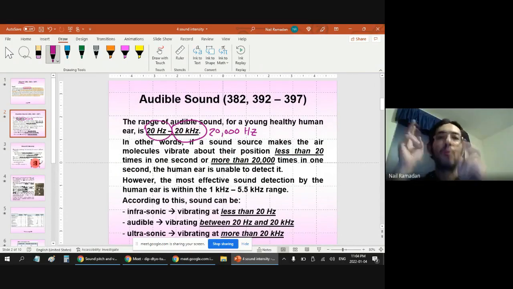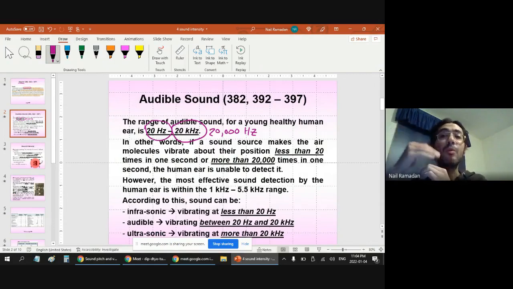Same thing on the other end. Your ear will not be excited if a sound with a frequency higher than 20,000 hertz falls into it. Just in the same way, your eye does not respond to any light higher than, remember Roy G. Biv, the frequency for violet light.